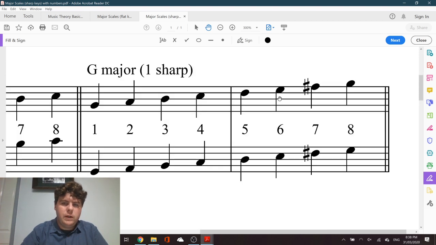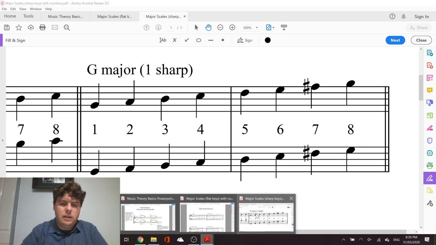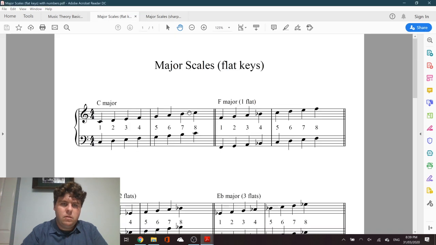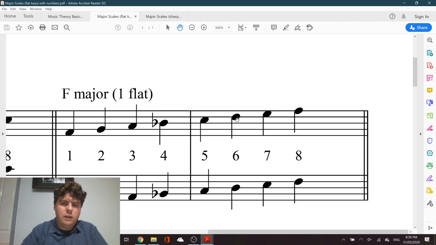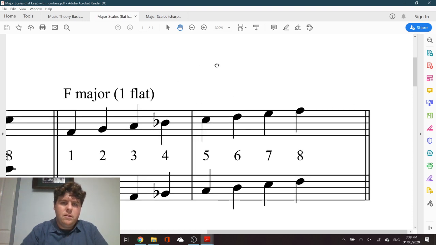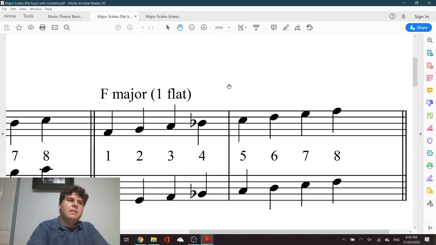If you start on scale degree 6, that's an E, then you'll have an E natural minor scale. And you can do it in the flat keys as well. If I start my F major scale on D, then I've got a D natural minor scale. So the majors and the minors are closely related.